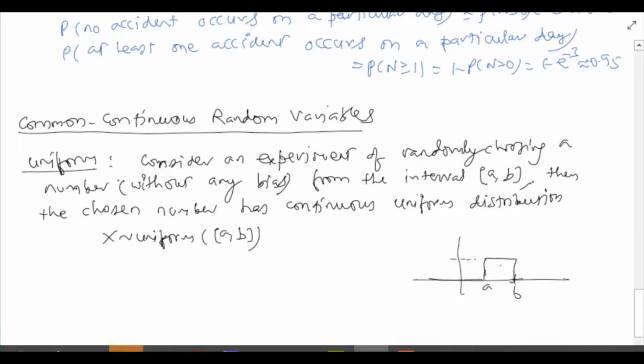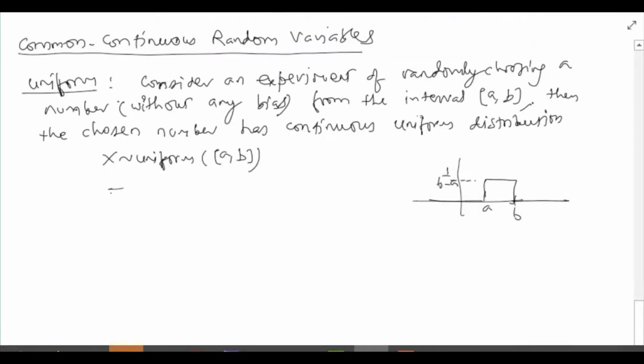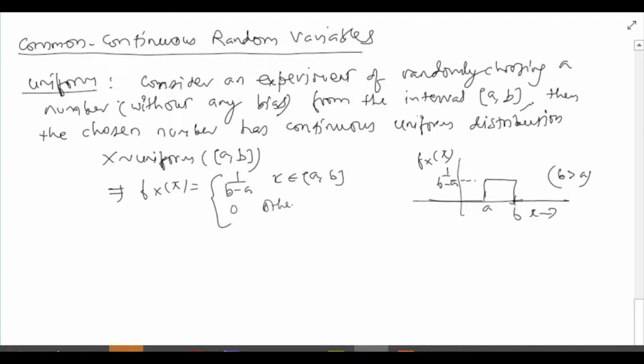So in fact, since the area under the PDF should be 1, this value will be 1 over B minus A. Okay, so X being uniform means its probability density function f_X(x) will be 1 over B minus A for x in AB. Here B is greater than A, it's clear from the picture, and it's 0 otherwise.